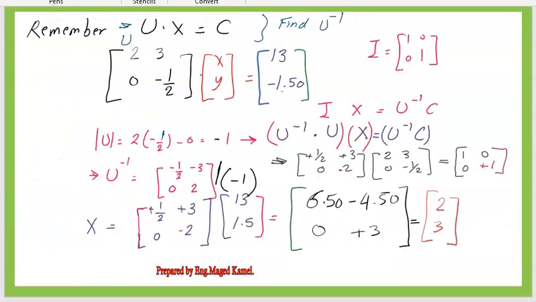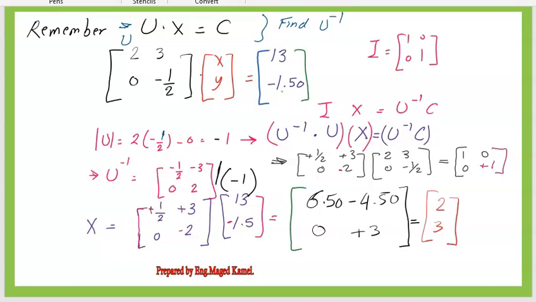We proceed to get the value of x. Since U multiplied by X equal to C, we know C and U, so we can get the x value. The upper matrix is 2, 3, 0, minus 1 over 2, multiplied by x, y equal to C, which we have obtained from the previous step as 13, minus 1.5.